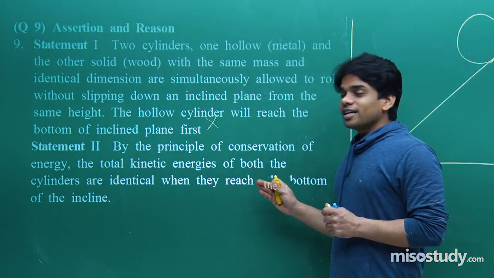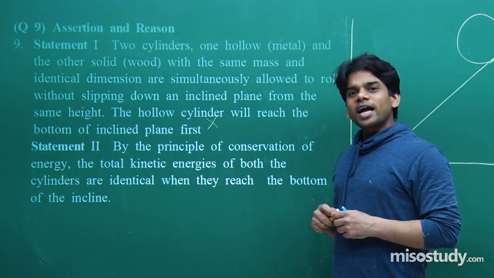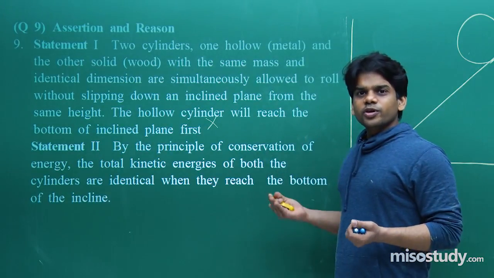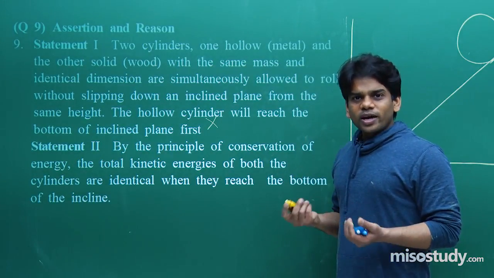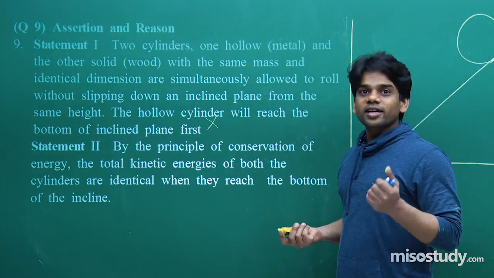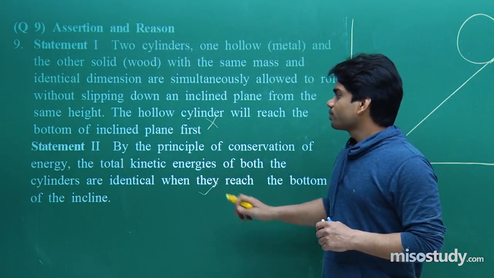Now understand, there is no dissipative force acting on the body. Total energy will be conserved. Both are falling through the same height, so the initial potential energy will be the same. So the final kinetic energy has to be the same, combined rotational and linear. So this statement is true.